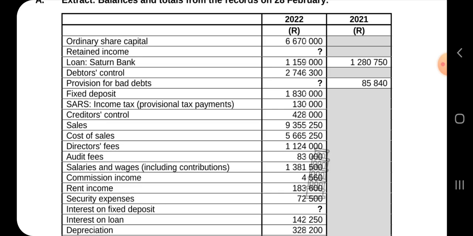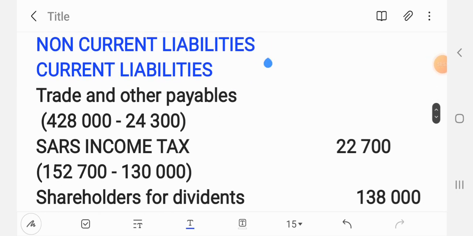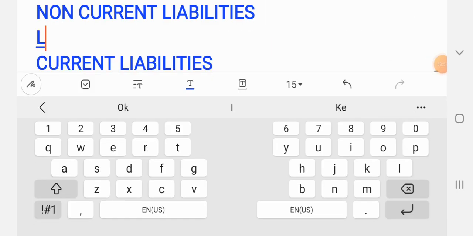So you will subtract this from the balance of the loan of 1,159,000, because this is no longer a non-current liability, it will be paid next year. Loan.